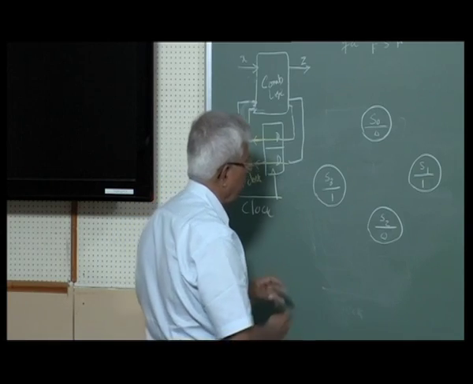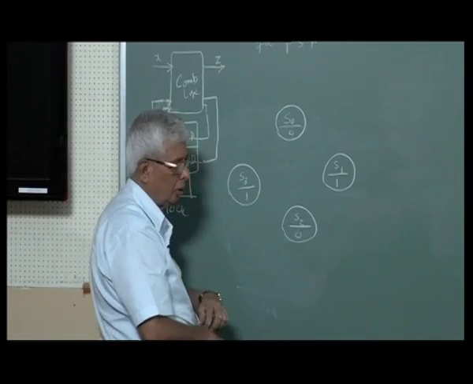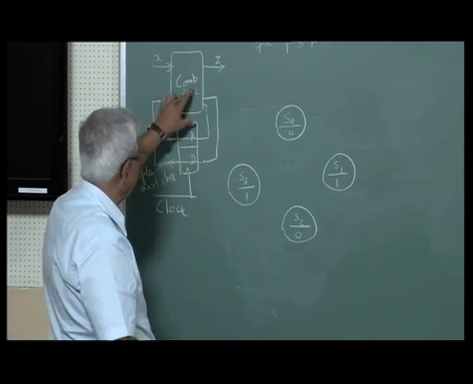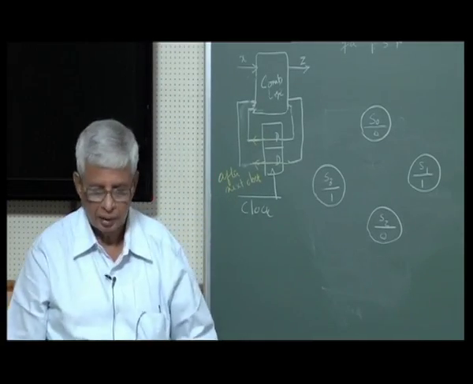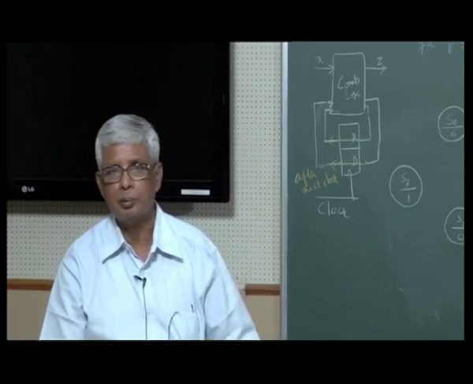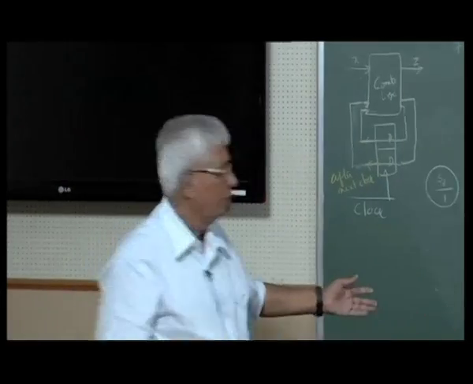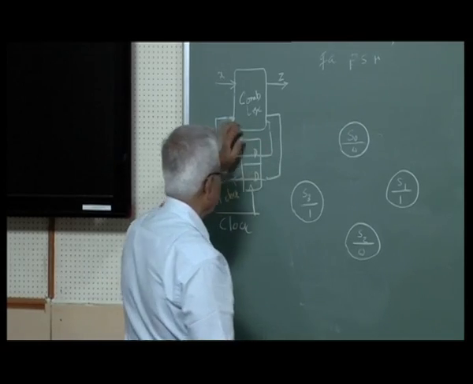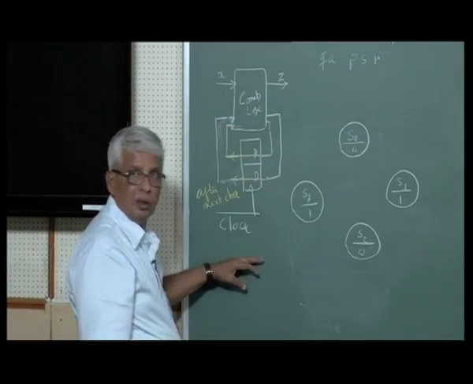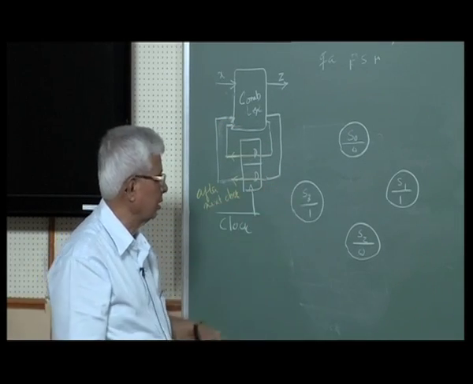Now, what are the transitions? Before I can design the circuit, what I need to design is the combinational logic. The design means designing only the combinational logic, because the flip-flops are already there. We know the output of this has to go into the next flip-flop, I mean the next state. So, what is the transition?